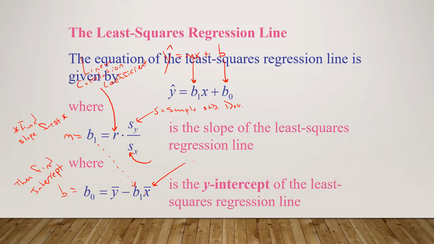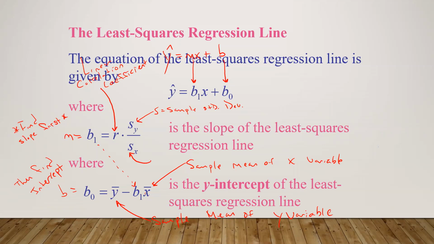Sample mean. But now I'm going to be more specific. This is the sample mean of the X variable, whenever you see the X under the bar. What do you think Y bar means then? It's the sample mean of the Y variable.